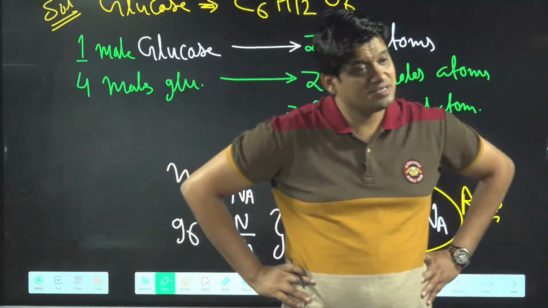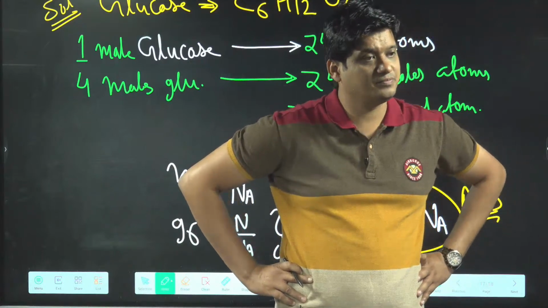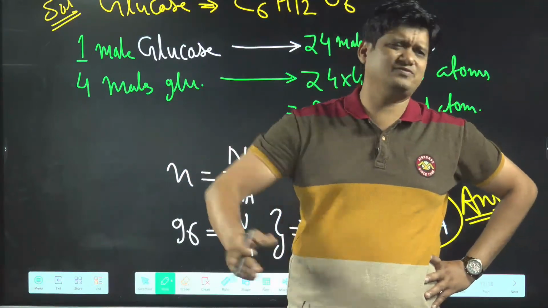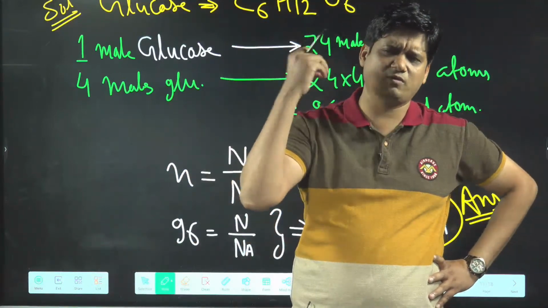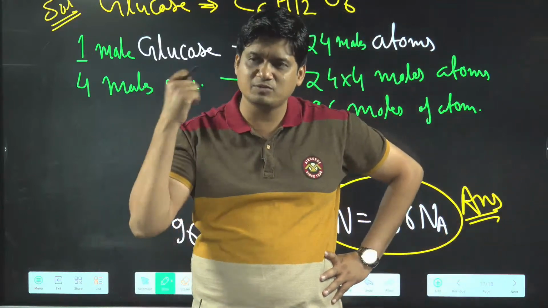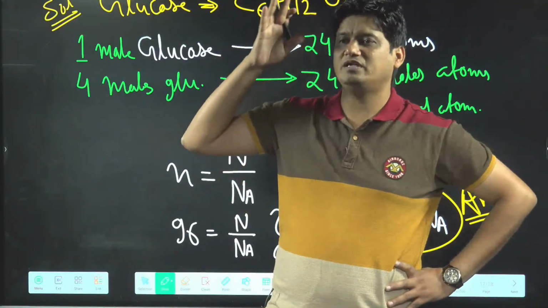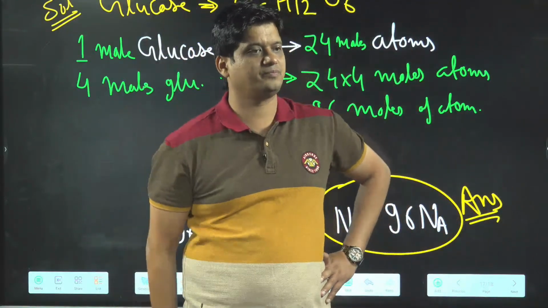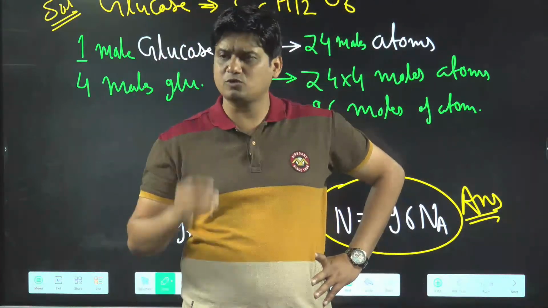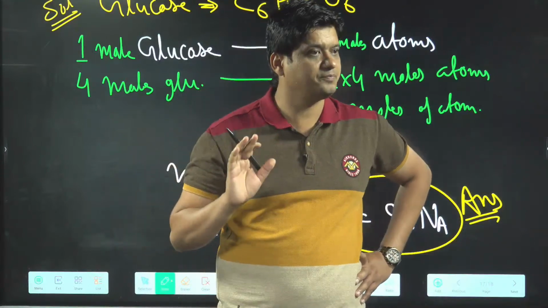Why does it happen? Because we were not careful while solving that problem. Even we were thinking that, oh, it is a very easy problem, can be solved like this. And whenever you think that, okay, it can be solved like this, there is a very high probability you will get a wrong answer. Even if you have a problem which can be solved like this, you should be focused.